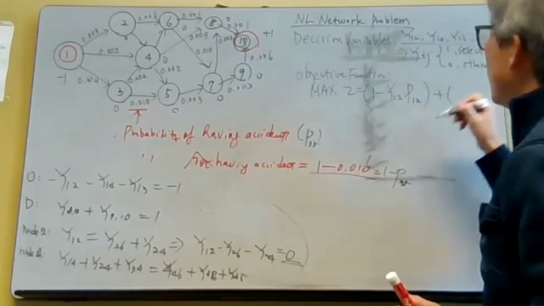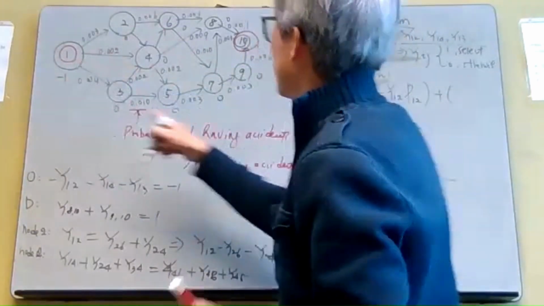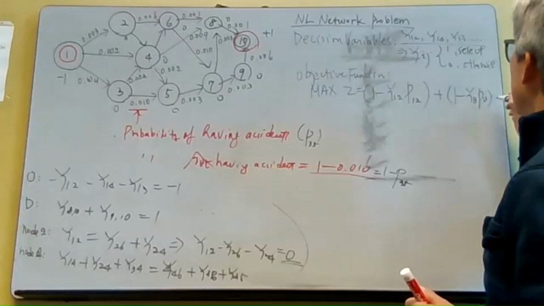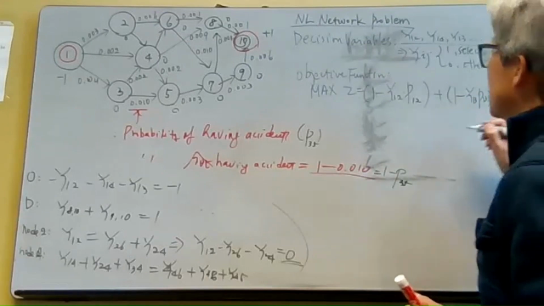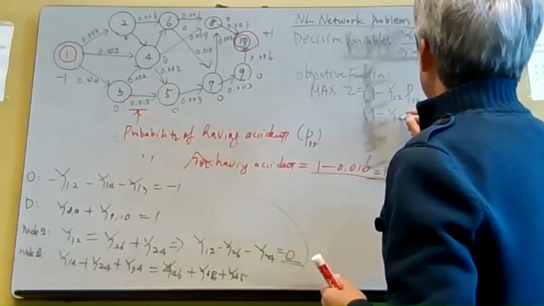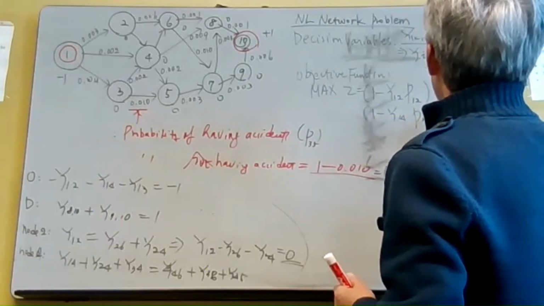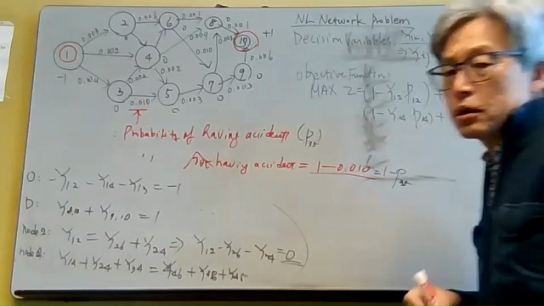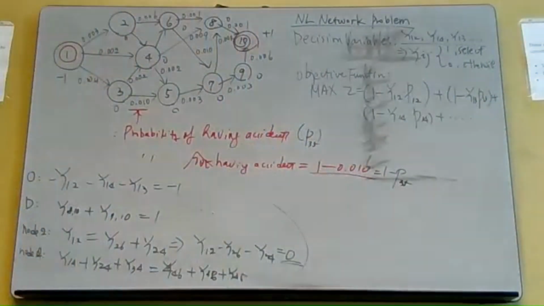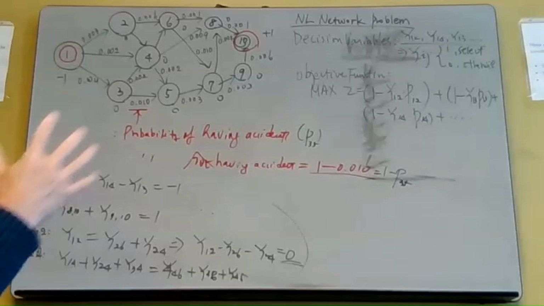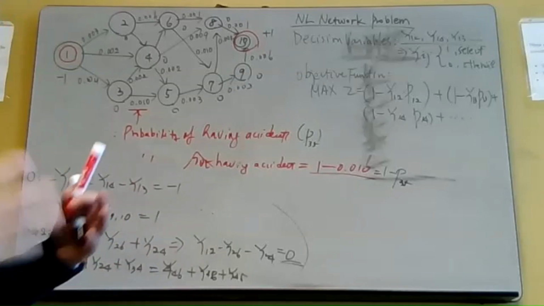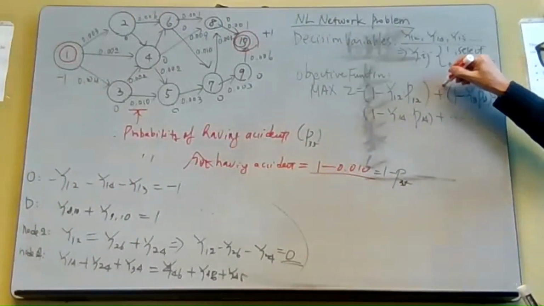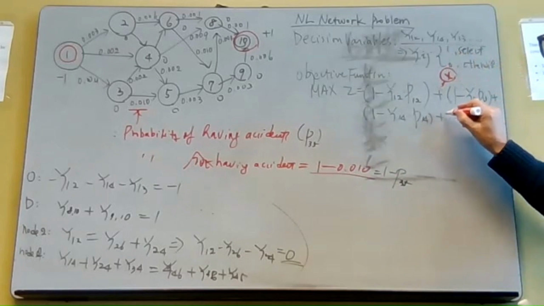So we're going to keep writing this. For 1 to 3, it is 1 minus y13 times p13, plus 1 minus y14 times p14, plus... something wrong here, right? You'll find there's something wrong. We're going to calculate the overall probability of not having an accident, so it's not going to be plus; instead we need to have times.